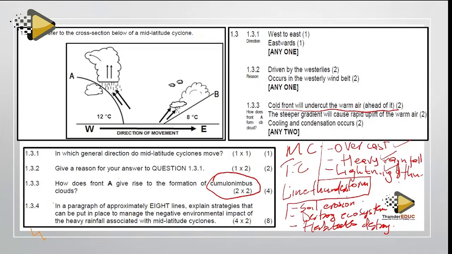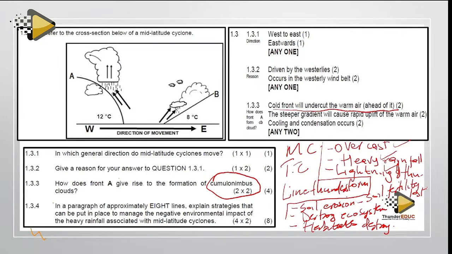You can also add another factor here: soil fertility lost. So if the soil is eroded, the topsoil contains minerals or nutrients, so the nutrients will be washed away.